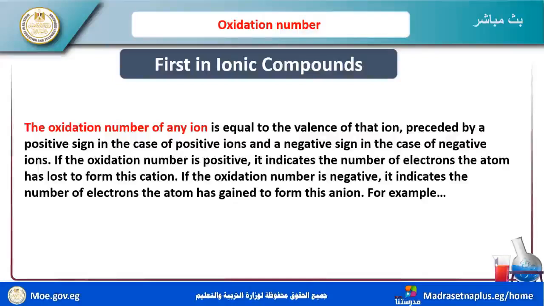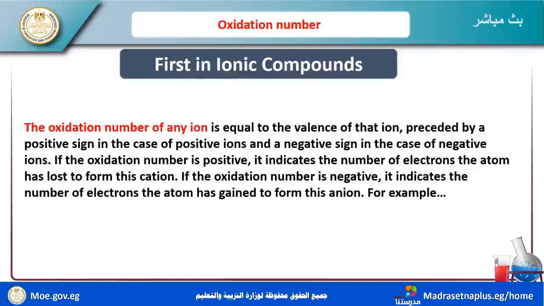Sodium's atomic number is 11, and its electronic configuration is neon 3s1. The farthest sublevel has one electron in sublevel s, so it loses one electron when it reacts with another atom. So when it loses this electron, it is monovalent.